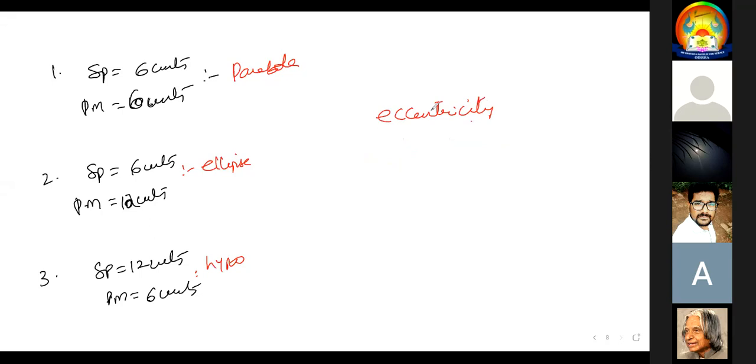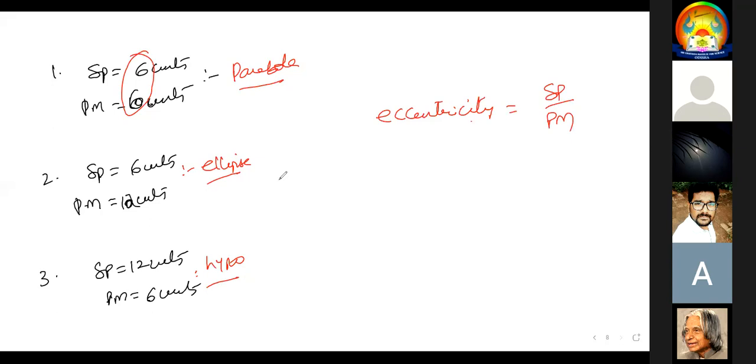This purely depends on the distances. Now divide both the things. Eccentricity is nothing but SP by PM.